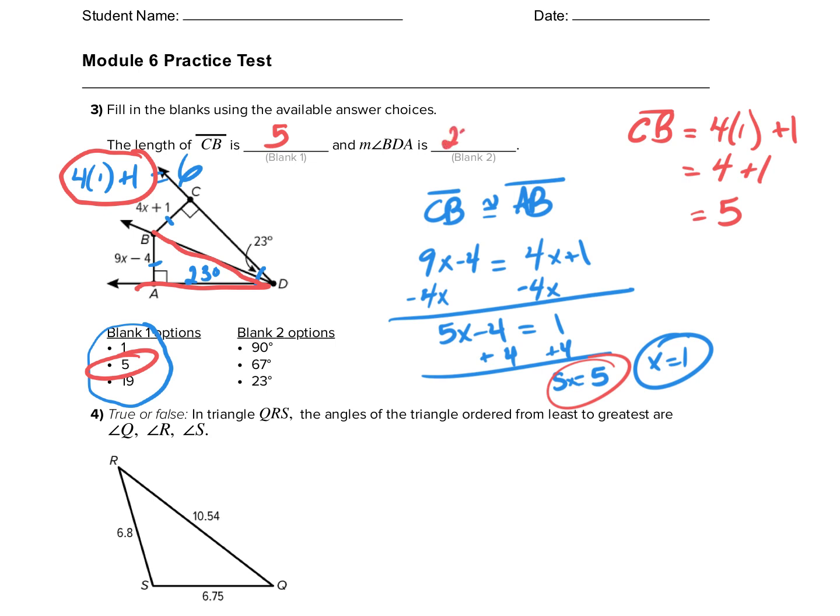So BDA is also 23 degrees. And those are the 3 properties of a perpendicular bisector. One being that your angles will be congruent, as shown here in question 3.